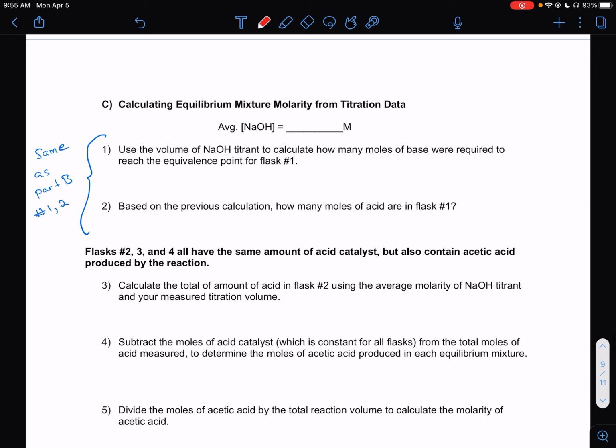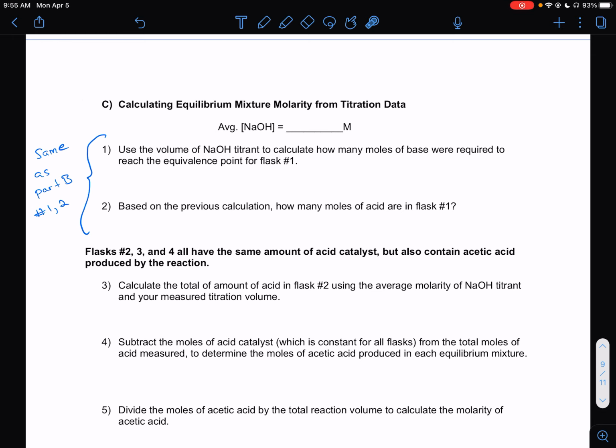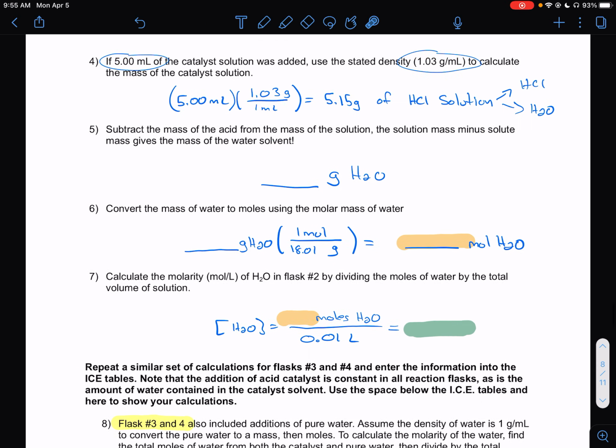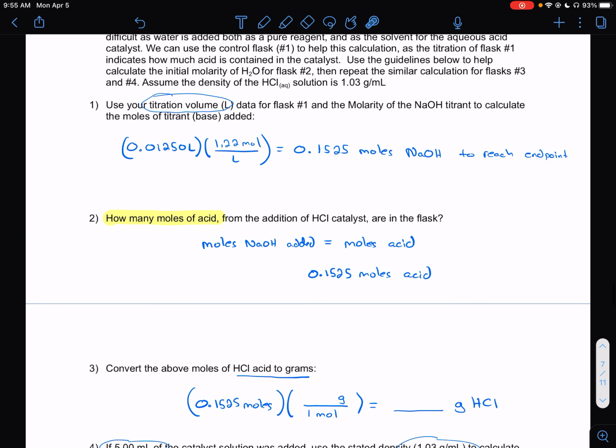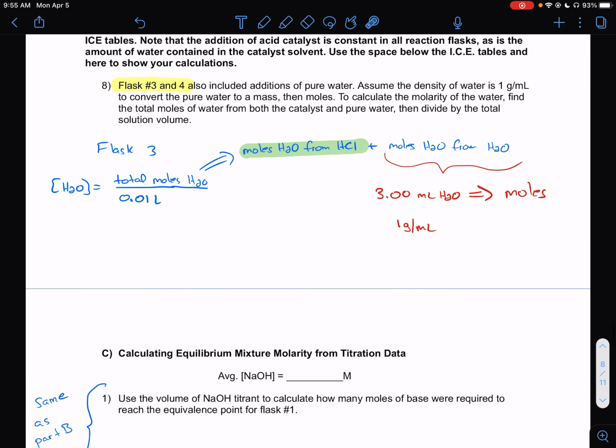On part C, moving on, this section here is just to put this information on the page. This is actually the same calculations you've already done from part B, 1 and 2. So these two questions are the same exact questions here, so you can just copy your answers down. And this is just a reminder.